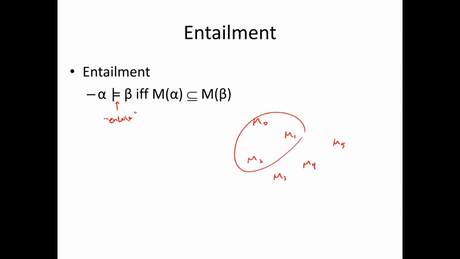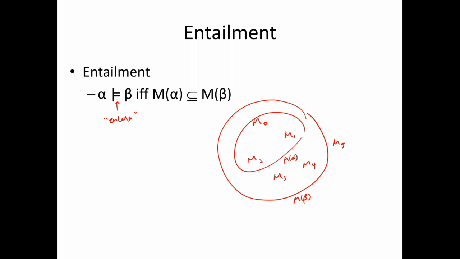Say this is M of alpha. So these are the models in which alpha is valid or alpha is true. Then what we're saying is alpha entails beta if M of alpha is a subset of M of beta. Basically, if we are in a world in which alpha is true, then beta is true, but not necessarily the other way around.